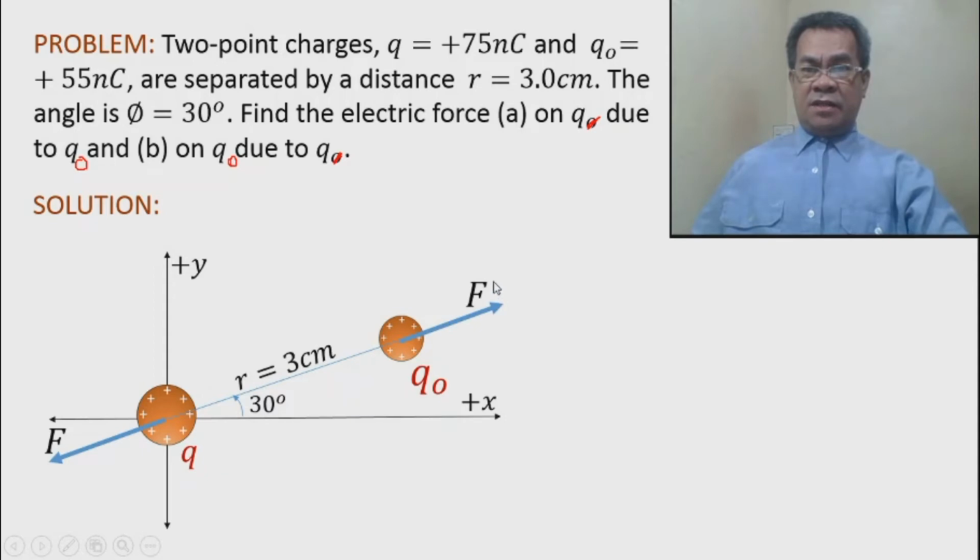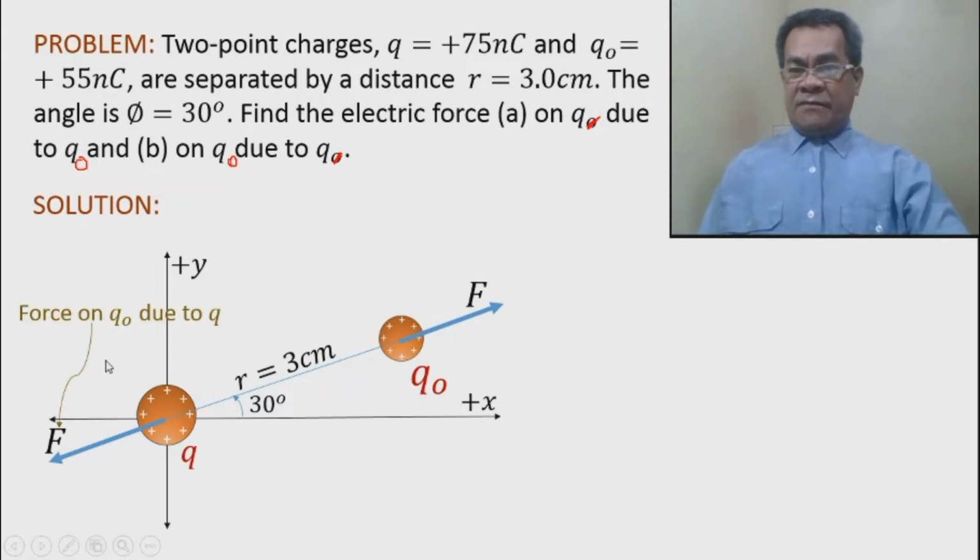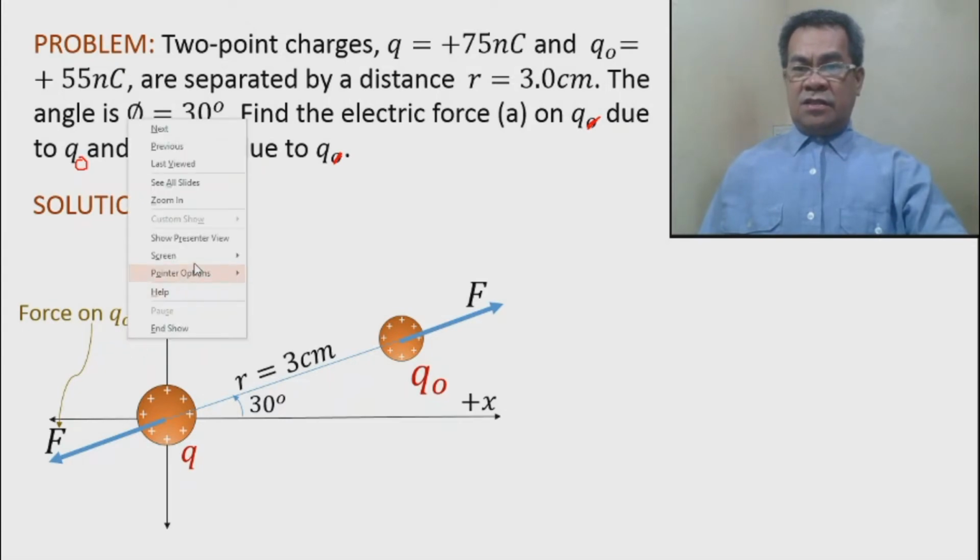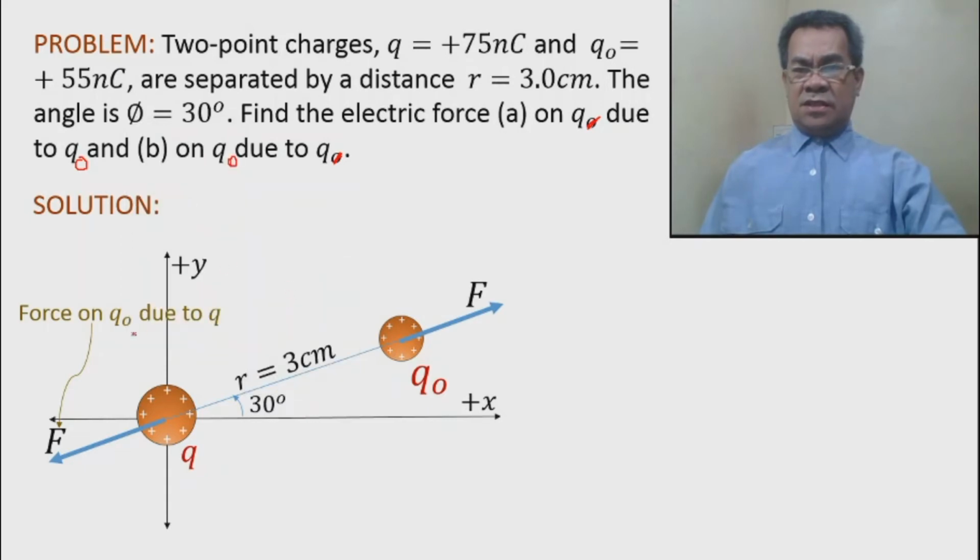This is letter B, the force on Q naught due to Q. Because this force is due to this charge, and this force is due to the interaction of this charge, and their distance is 3 centimeters.